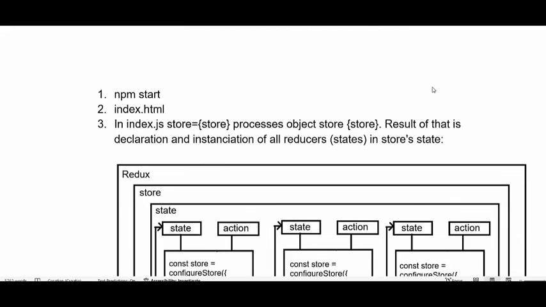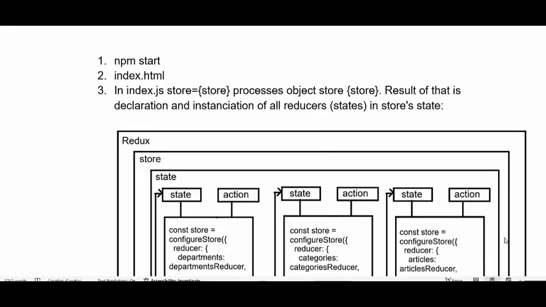Okay, when we start the React application e-commerce in our developing editor with npm start, index.html loads. In index.js, store equals store in curly brackets. Store in curly brackets means an object.